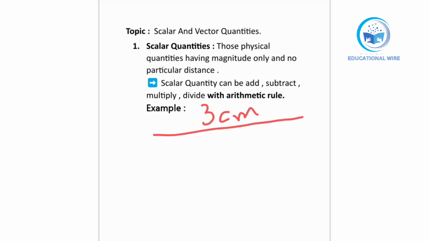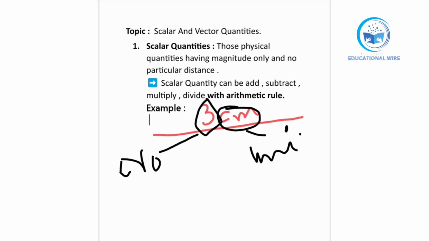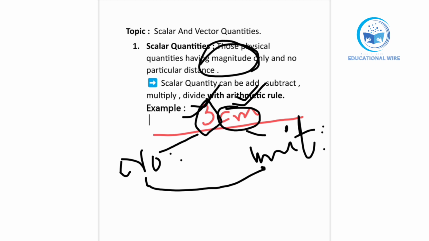This 3 is called a certain number, and this is its suitable unit. When a suitable unit and a certain number combine together, it forms magnitude.